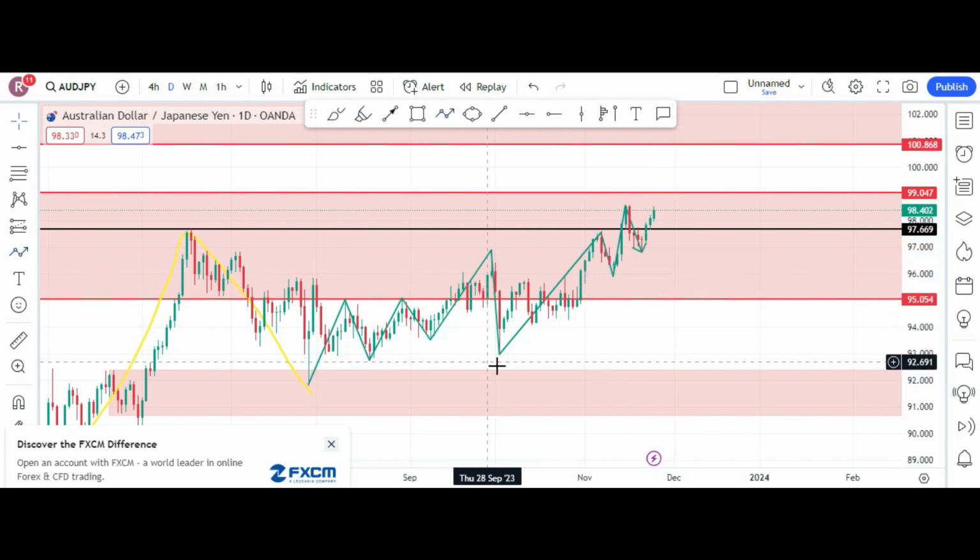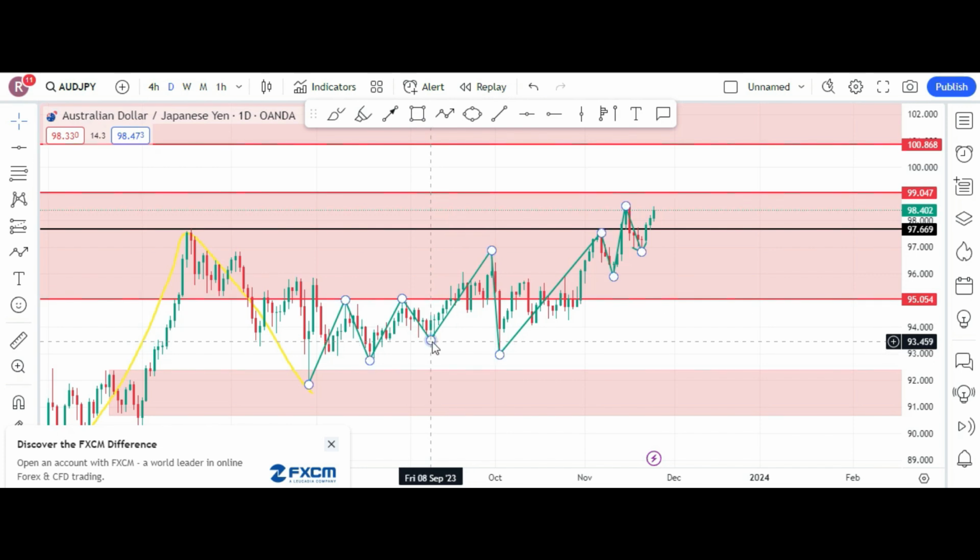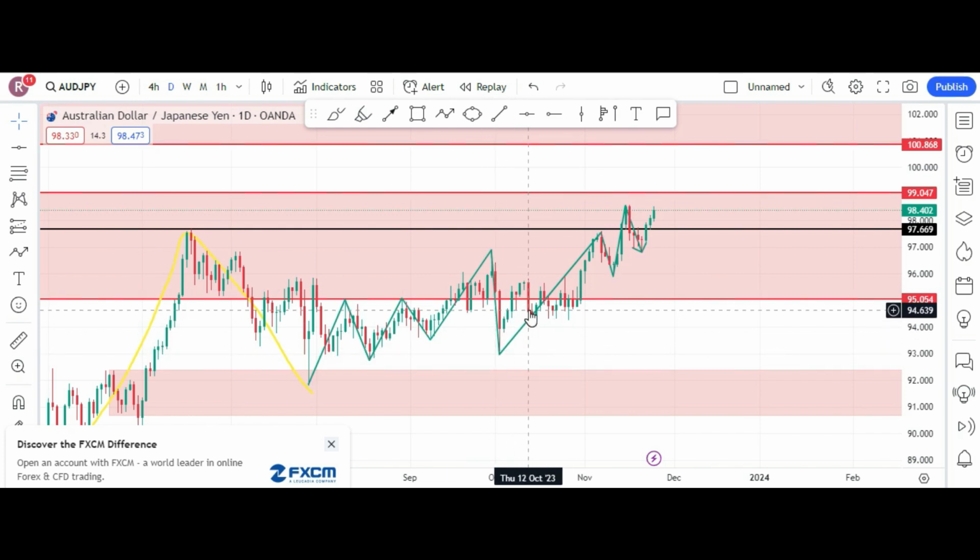Except for this, which broke this one but didn't break this one, it is making higher high, lower low, higher low, higher high, higher low, higher high. This is the confusion I got, but it is done already.